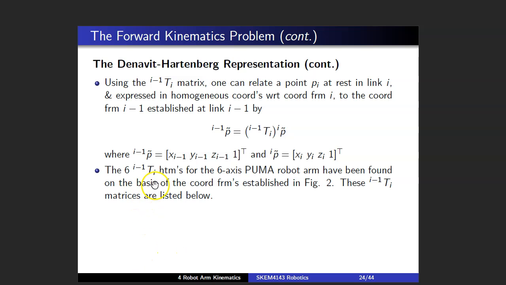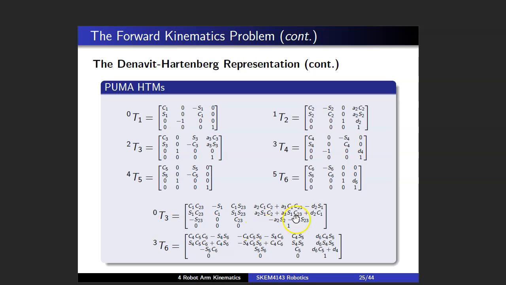So the 6 homogeneous transformation matrices for the 6-axis PUMA 560, we have found, and are given by these matrices. As you can see, we have substituted the di, ai, and alpha i values, but we have left the theta i's as variables.